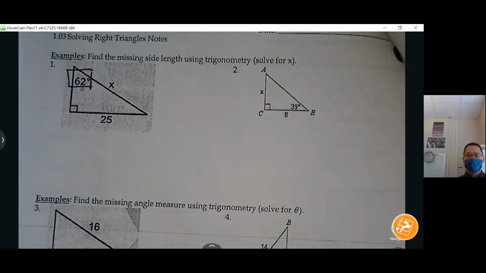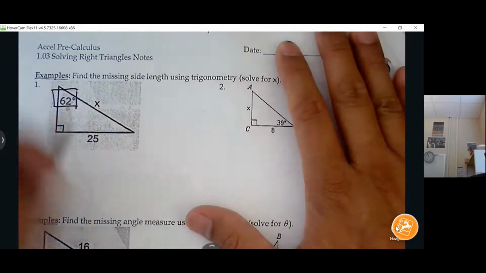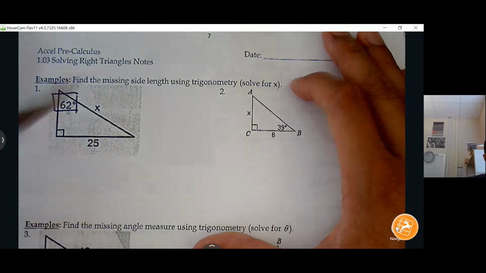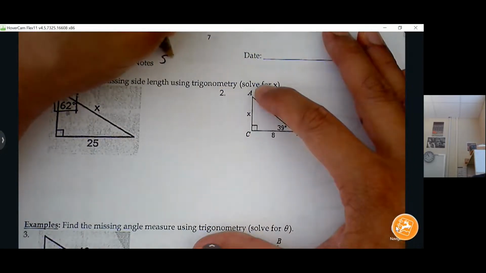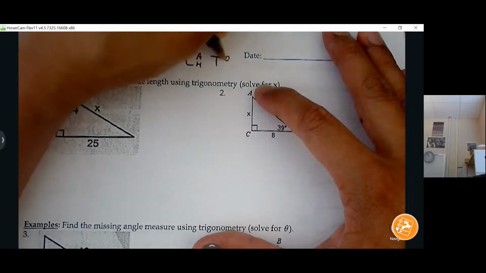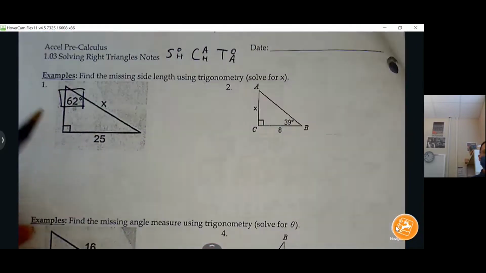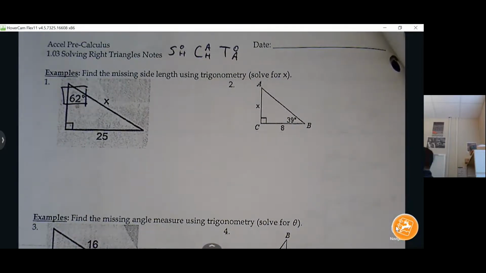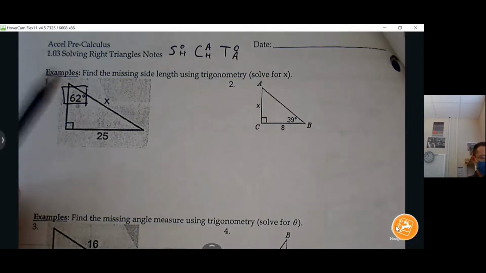All right, so I want to find the missing side. Anytime I'm finding a missing side, I can use SOHCAHTOA here. But we have to decide which trig function to use.